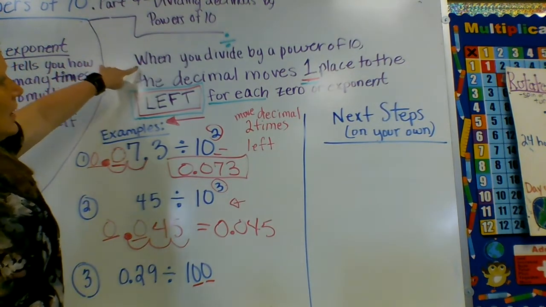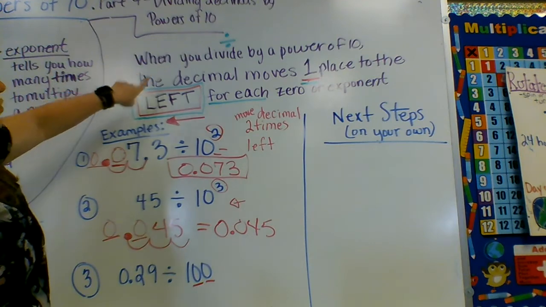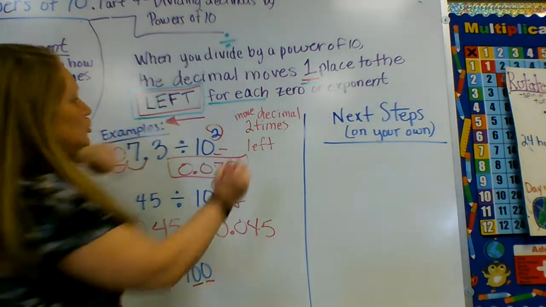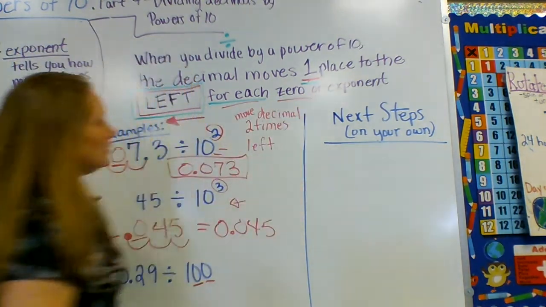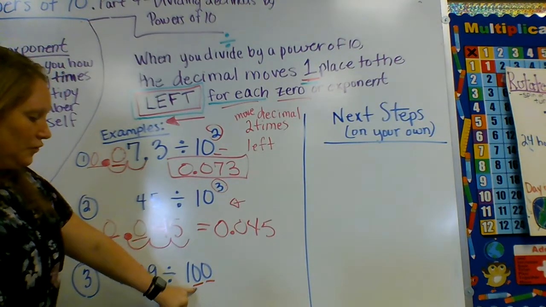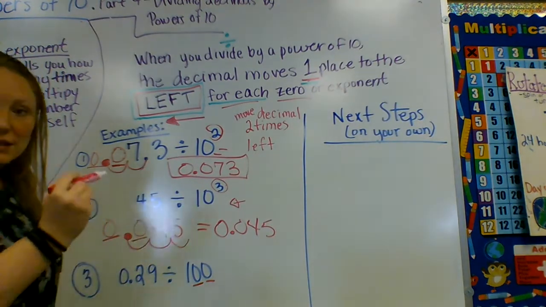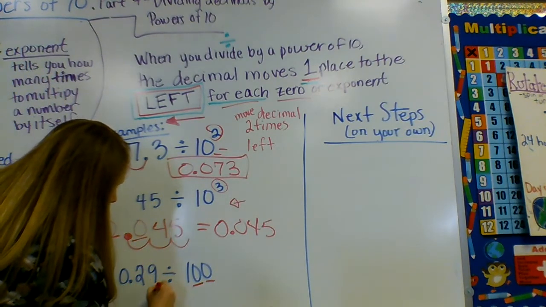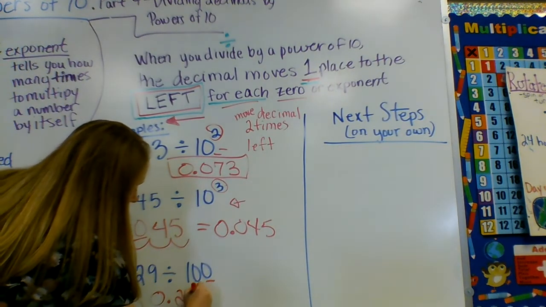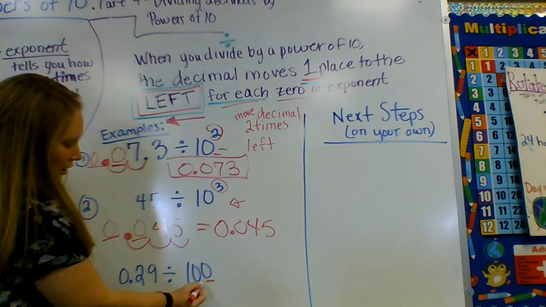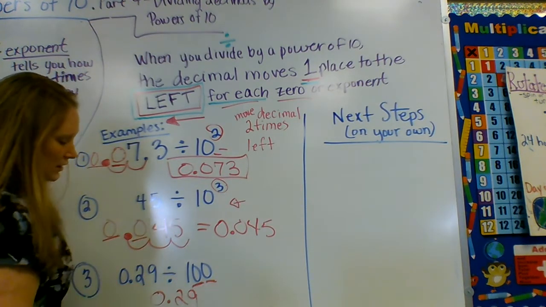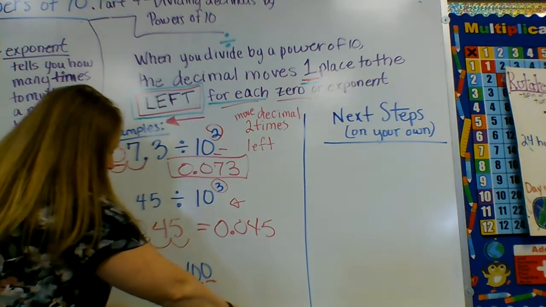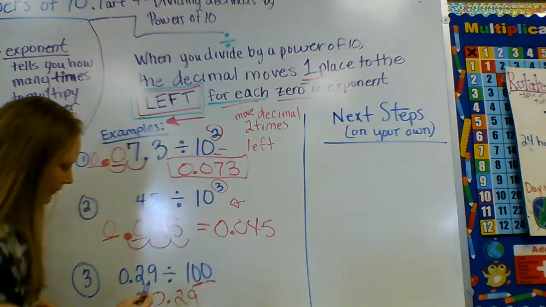Remember, the definition says when you divide by a power of 10, the decimal moves one place to the left for each zero or exponent. So for each zero, it's going to move one decimal to the left. If I rewrite it, 29 hundredths, I have 1, 2 zeros. So I'm going to move my decimal over twice.